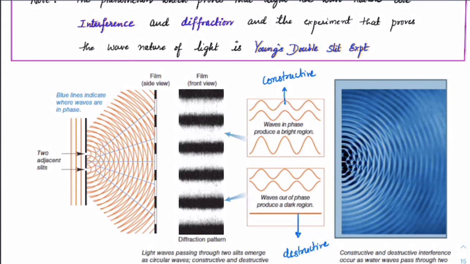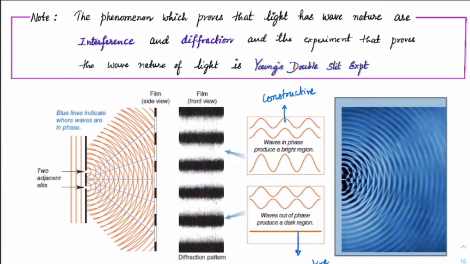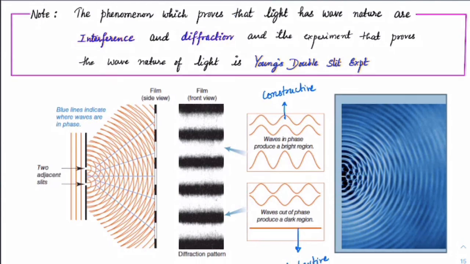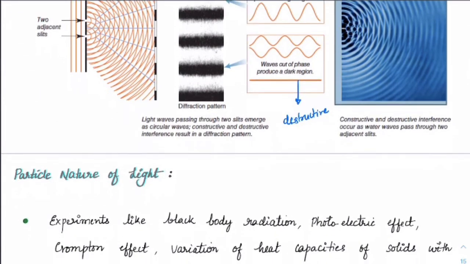This is only possible if light has a wave nature. If it were a particle, it would only go in one direction. So diffraction is a phenomenon of wave behavior only. I hope you understood these two. These two phenomena help us understand that light has a wave nature.